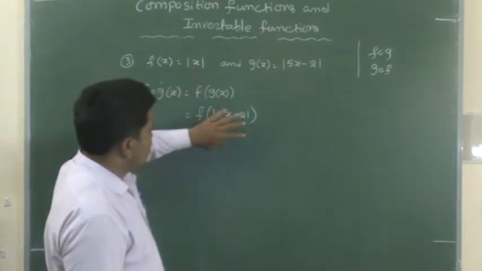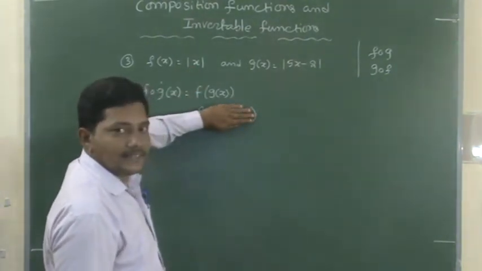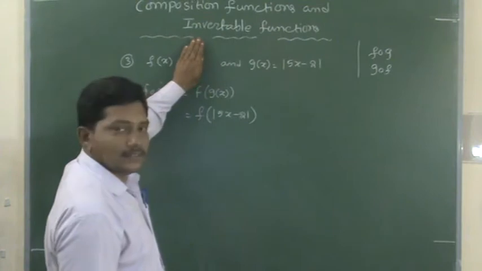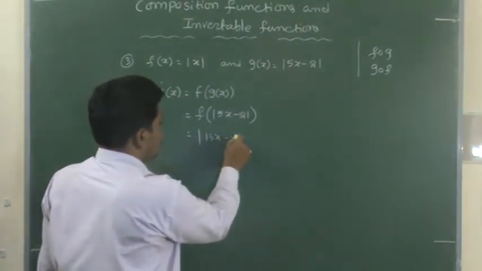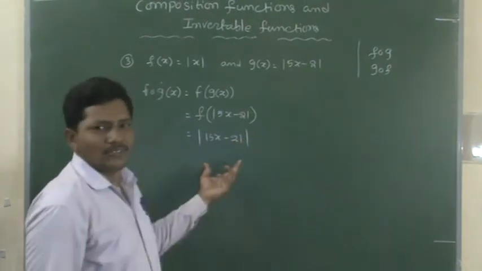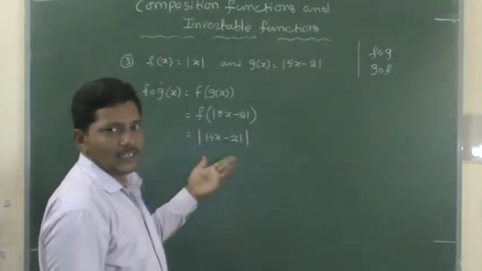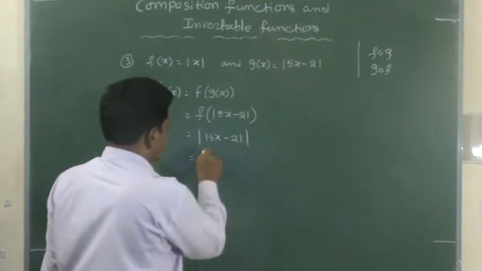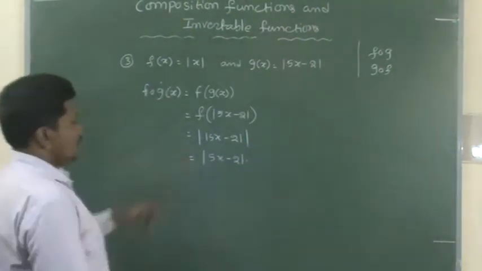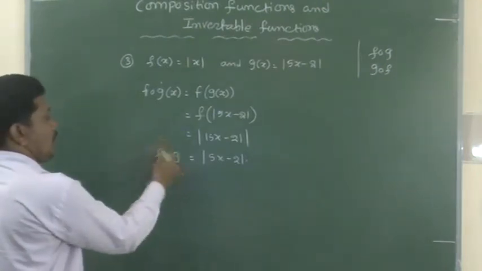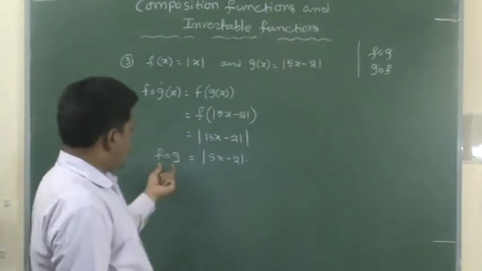Because the total function inside, whatever that is, you have to put in place of x. So what happened? Mod 5x minus 2, right? Modulus is a positive number, so why take it 2 times? That's not important. You have to write it only 1 time. This is the number of f circle g.